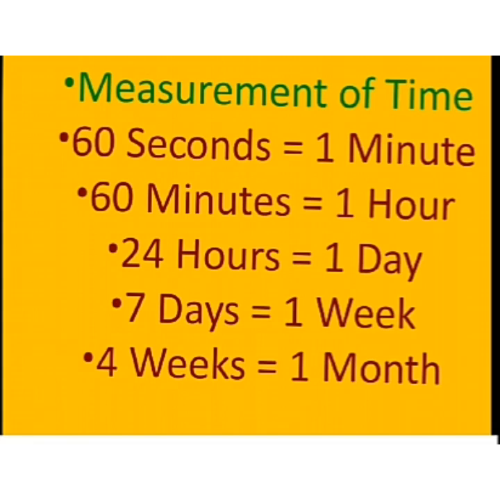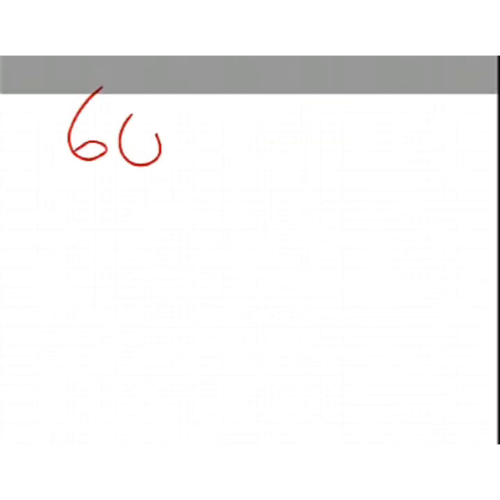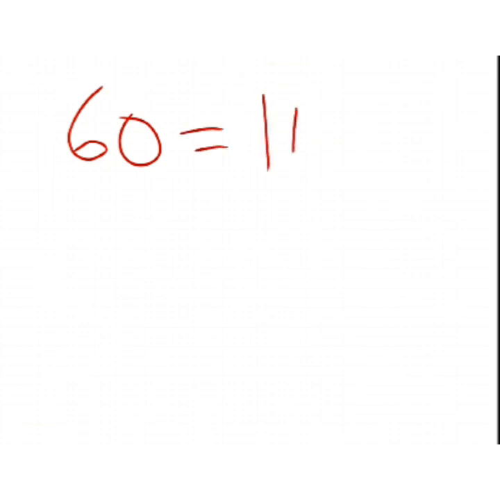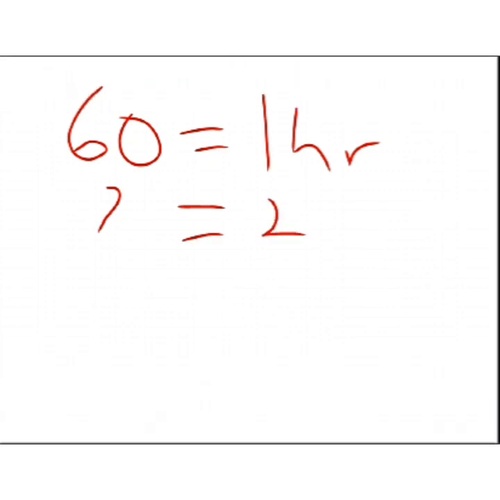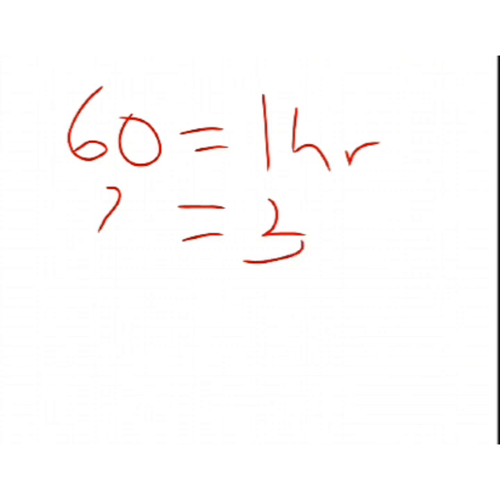Right, great. So let's take a typical exercise on time. A question like, how many minutes are there in 3 hours can be asked. What you simply do is, 60 minutes is equal to 1 hour. Can you remember that? Okay, so the question now is, how many minutes make 3 hours?